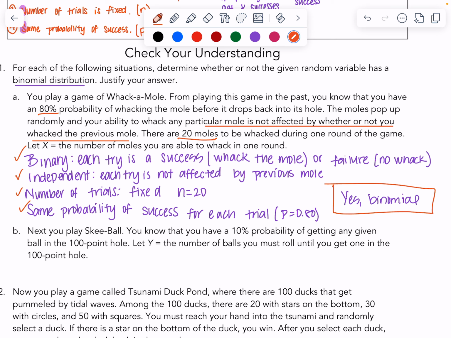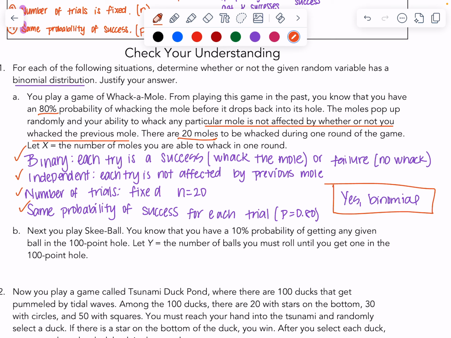Independent. We can assume independence here. Even though it doesn't explicitly say independent, we can assume that because each roll makes sense. Each trial is going to be independent, meaning that the previous roll doesn't impact the next roll. The number of trials is fixed.